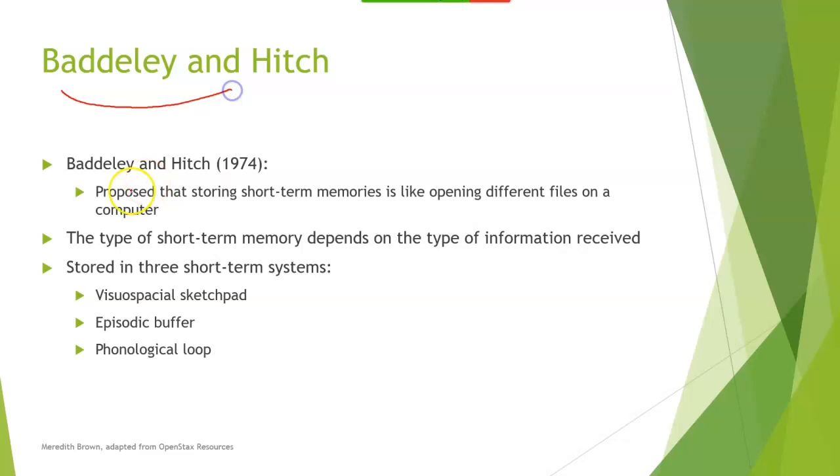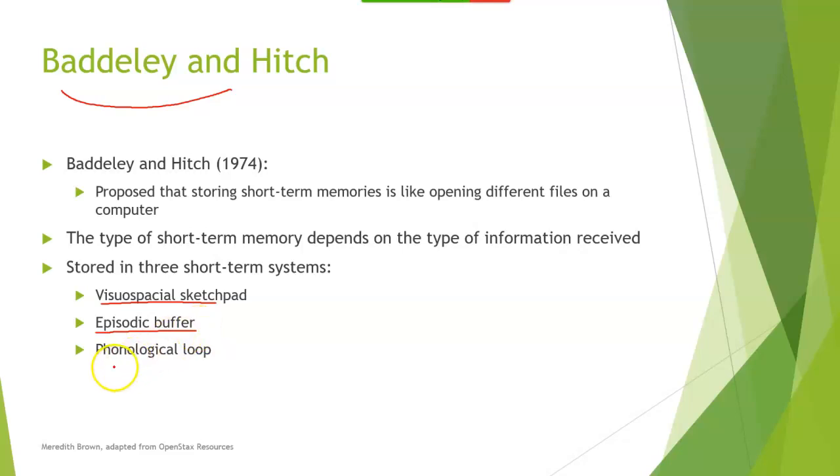Baddeley and Hitch proposed that storing short-term memories is like opening different files on a computer. The type of short-term memory depends on the type of information received and stored. There are 3 short-term memory systems. You have your visuospatial sketchpad, which obviously is visual. Your episodic buffer, which is about the episode, what it is about.